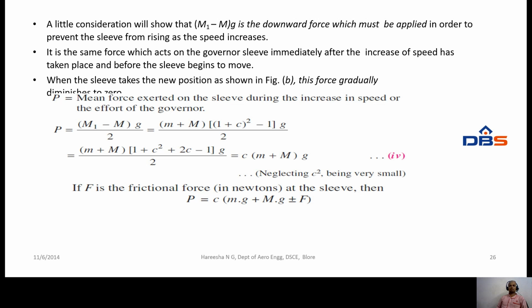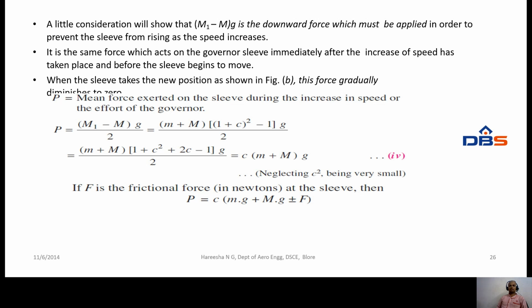These are the four questions we can expect for 2 marks. With that we complete this governors topic. Mostly we have to remember to thoroughly derive the equation for the relation of H and N for the Porter, Proell and Watt governors. These are the main three, and Hartnell also.